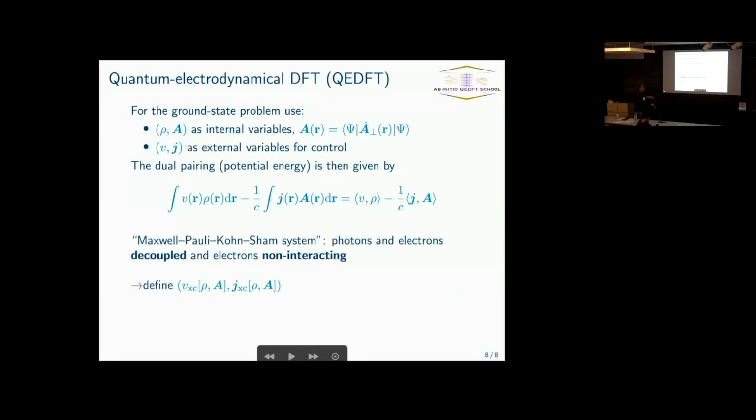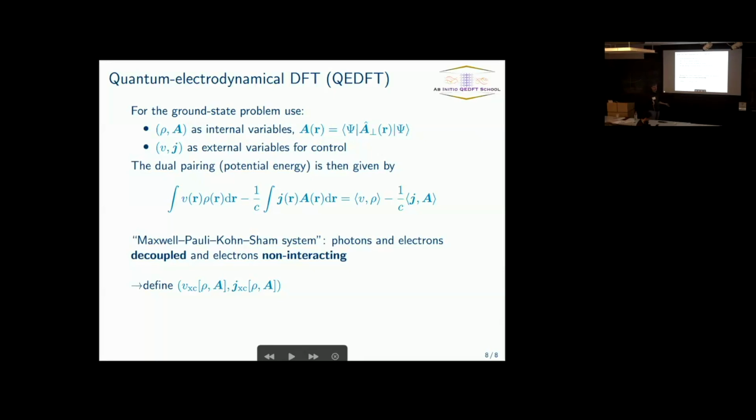And that, in total, gives me a system of equations that one can call the Maxwell-Pauli-Kohn-Sham system, if one does the Kohn-Sham approach for that. And this system can be thought of as non-interacting. So first I switch off the interactions between the electrons, and it can be decoupled from the photon field. But I mean, if you decouple from the photon field, the particles cannot interact anymore in QED, right?